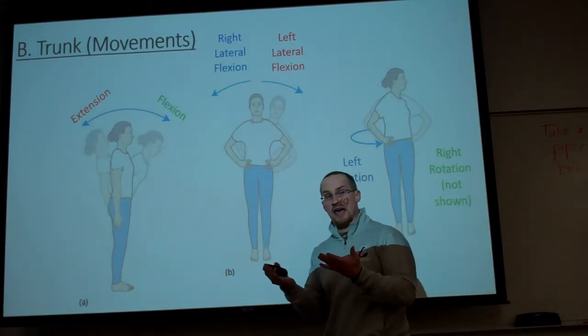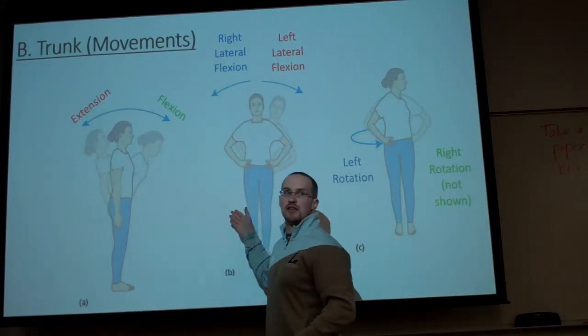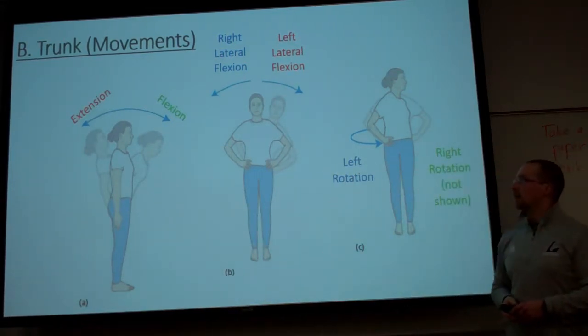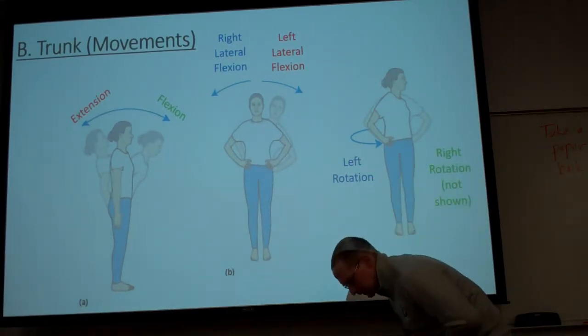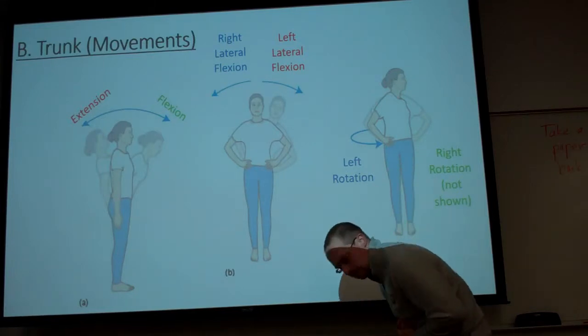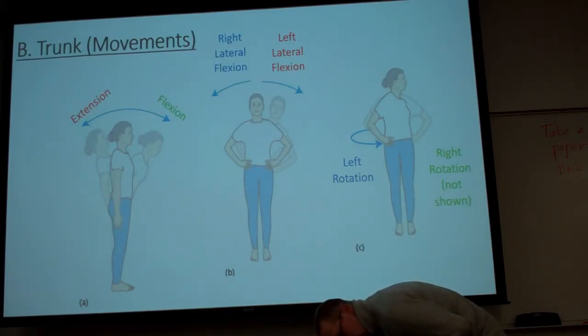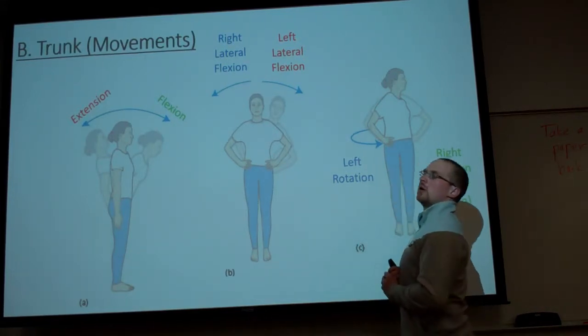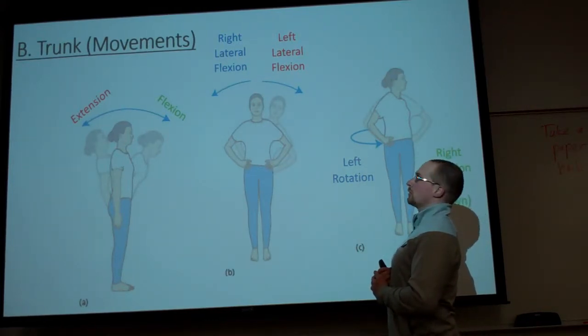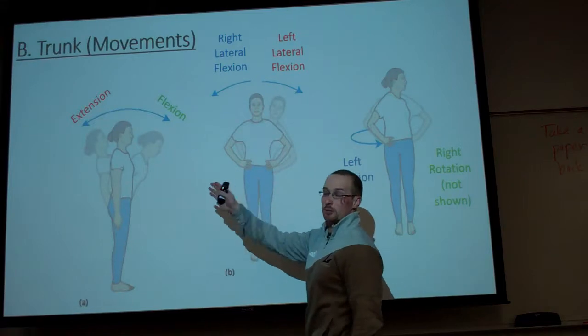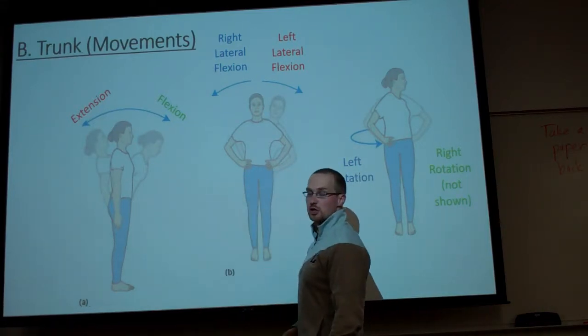Now, like the head and the neck, our trunk can do the exact same movements. If I'm bowing, this would be trunk flexion, bowing down. Returning from a bow, that would be trunk extension. Again, this is sagittal plane movement.